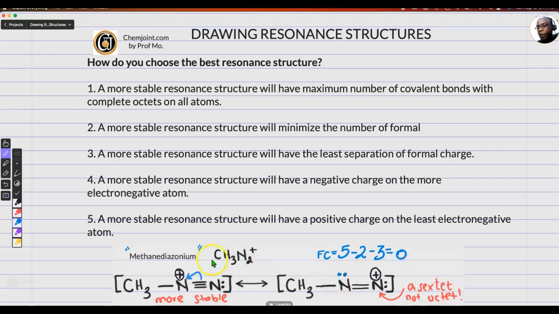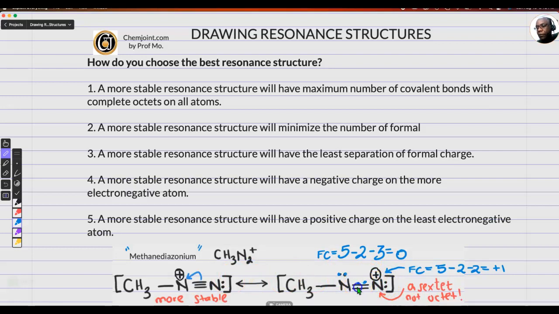So there's no more charge here. It was positive, here it's 0. However, for this other nitrogen, valency of 5, 2 non-bonding electrons, minus 2 bonds, I get a positive 1.